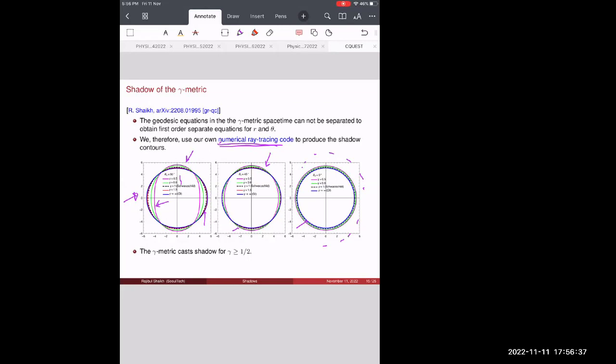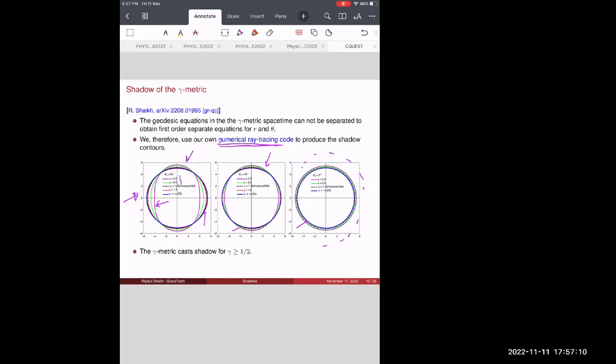But if it is a non-vacuum solution, then there might be interaction between the photons and the background matter. Say suppose there is a plasma or something like that, then it may interact, and in that case the photon trajectories will get affected. So it will not only be decided by the background space-time, but its trajectory will get modified. So in that case, the shadow will also be different.